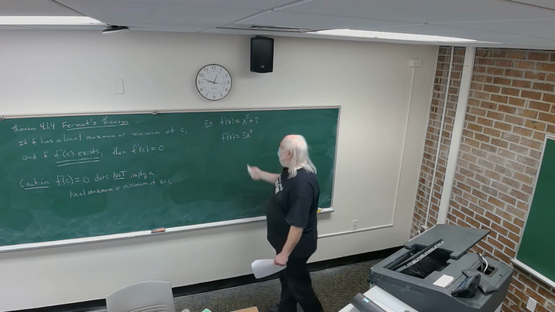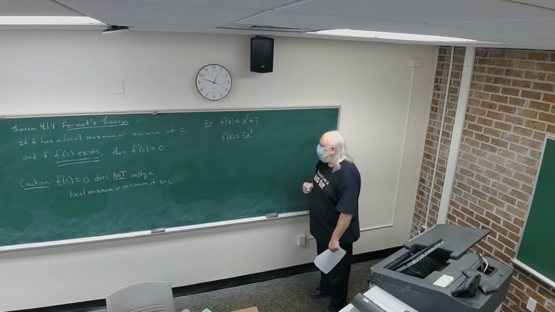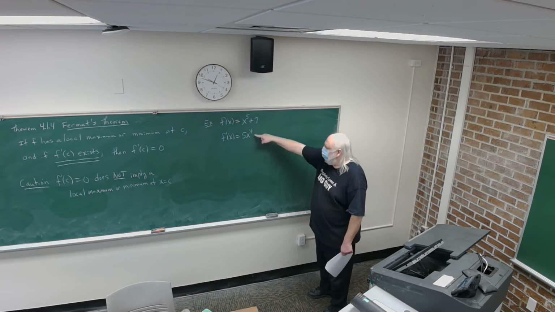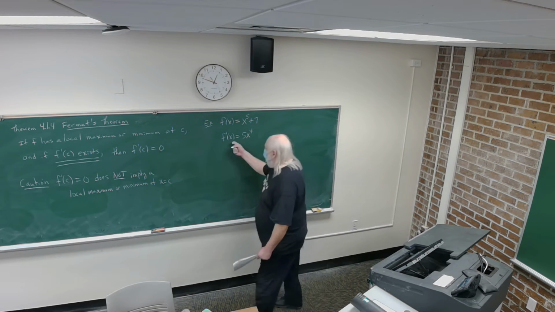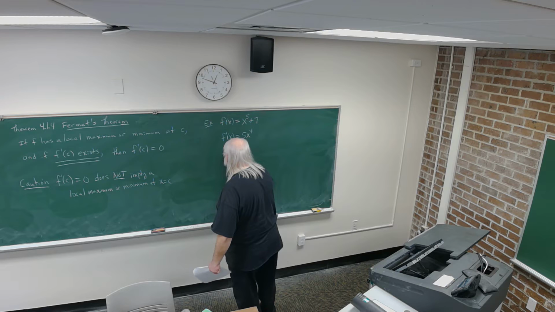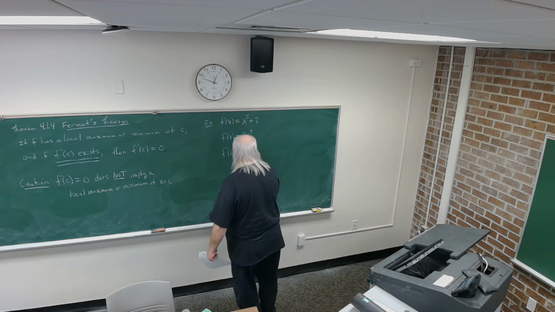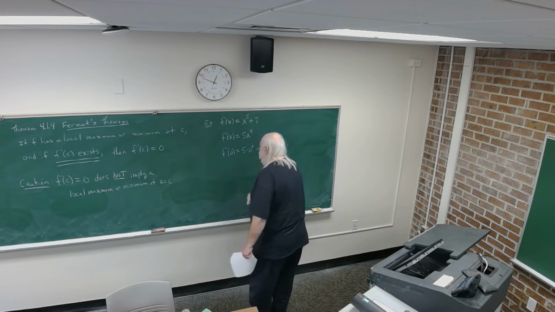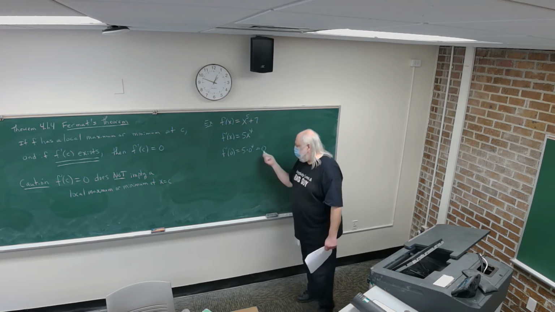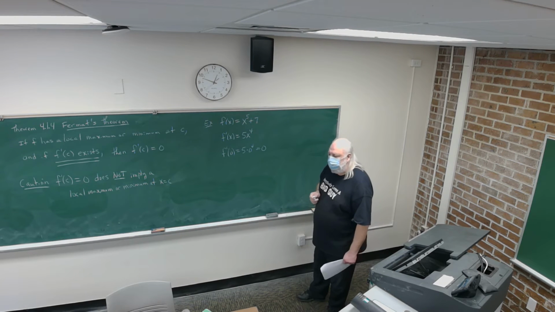The derivative of x to the 5th with respect to x is 5x to the 4th, and the derivative of 7 is 0. When I put 0 in for x, f prime of 0 is equal to 5 times 0 to the 4th, which is equal to 0. So at x equals 0, the derivative is equal to 0.